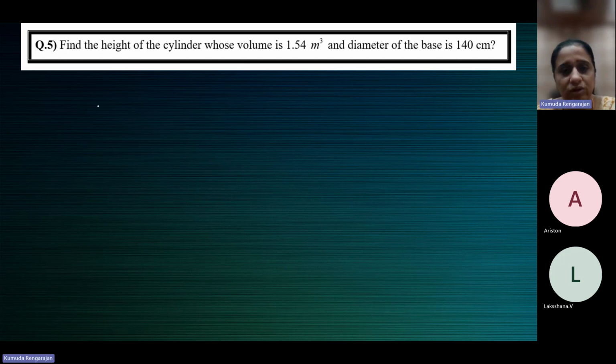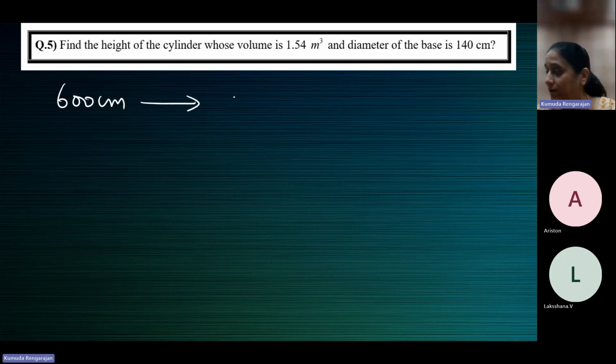Now, supposing you have say 600 centimeters. To convert 600 centimeters to meters, you need to divide by 100. So 600 by 100, that is 6 meters.